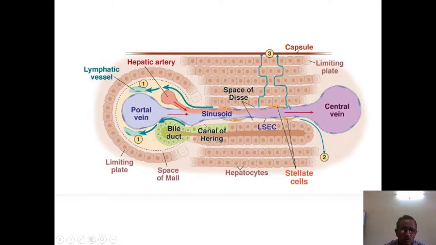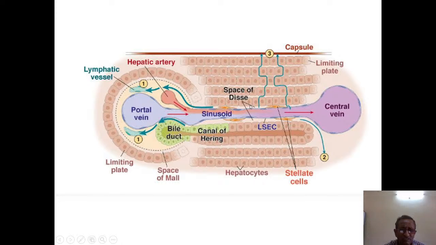This space of Disse opens directly into the space of Mall, which is present between the hepatocytes surrounding the portal triad and the structures of the portal triad. That means there is a space between these hepatocytes and the structures of the portal triad. This space we call the space of Mall.